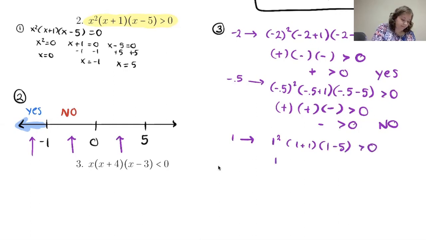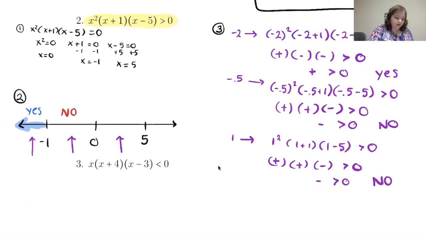So 1 squared is positive, 1 plus 1 is positive, and 1 minus 5 is negative, and we'll see is that greater than 0. Positive times negative is a negative, which means that our inequality is false because it's not greater than 0, so that one is a no. So we'll write no for that one as well.